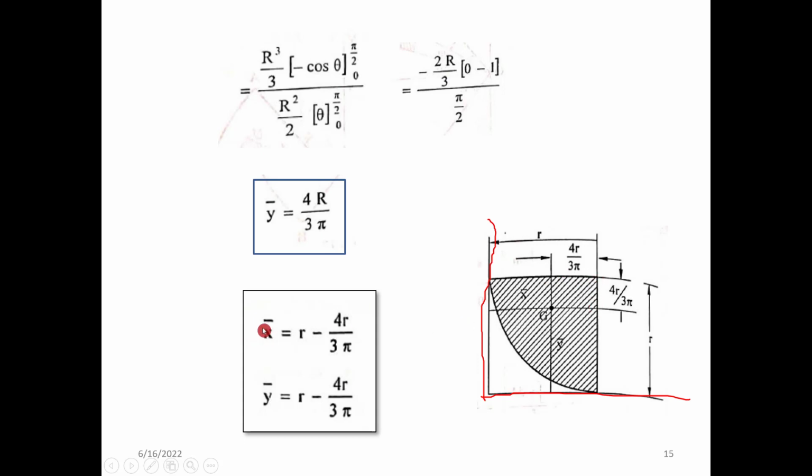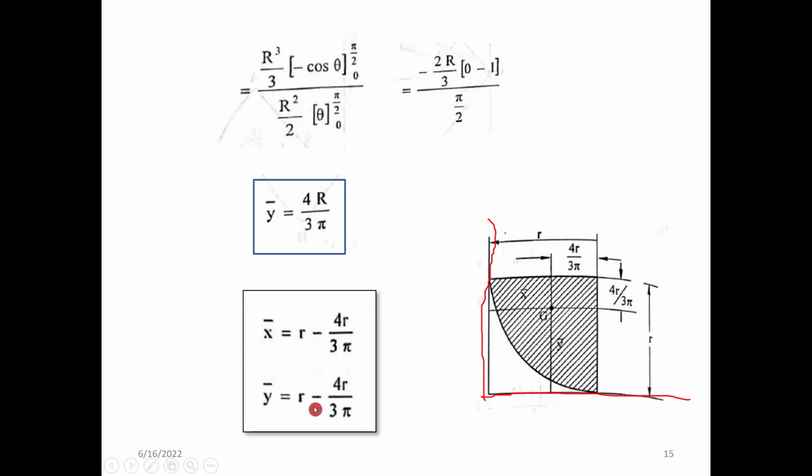So for this question, x bar has to be measured from this left vertical line, and is equal to r, the total radius, minus 4r by 3 pi.